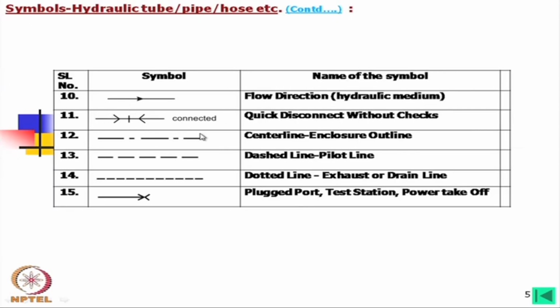Quick connector means usually you will find that when the machine is under operation, particularly for training purposes, we need to open a line and it is connected, and again we need to connect it.